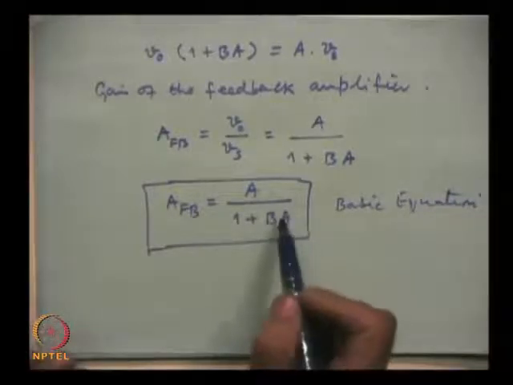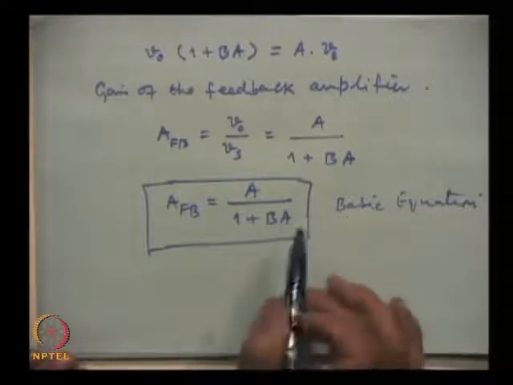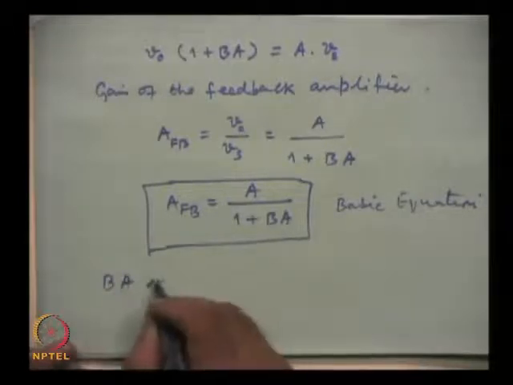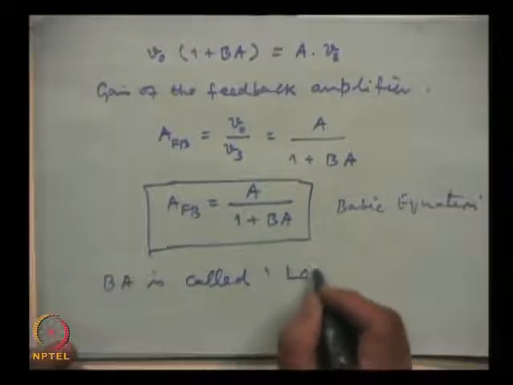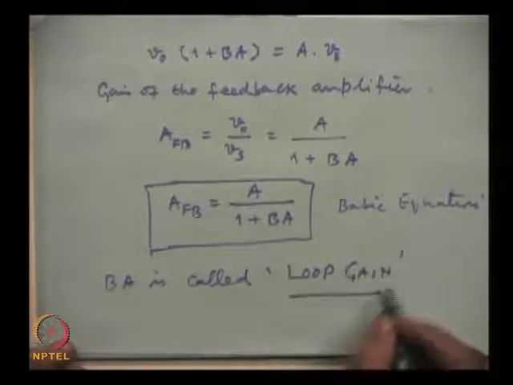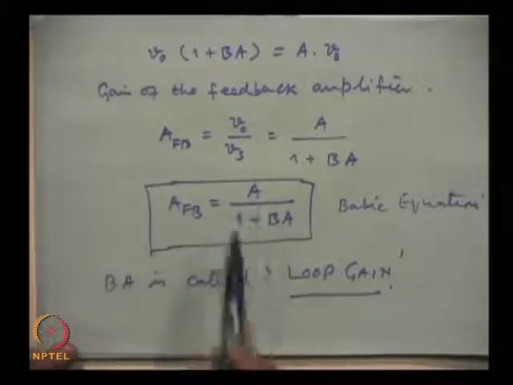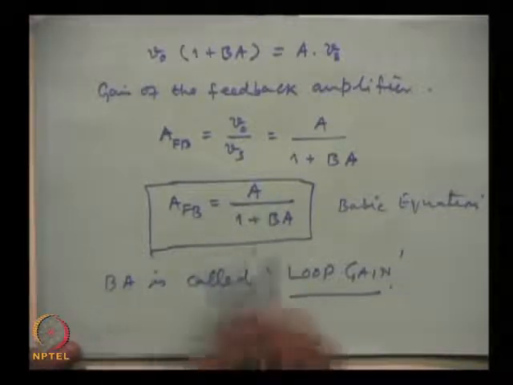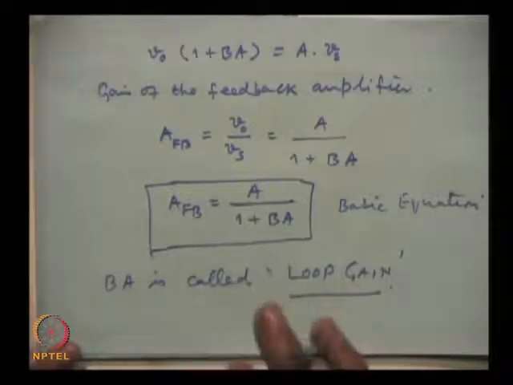This quantity BA, which will appear in all the relations, is called the loop gain. We have been saying this, that an amplifier with negative feedback is a closed loop amplifier.